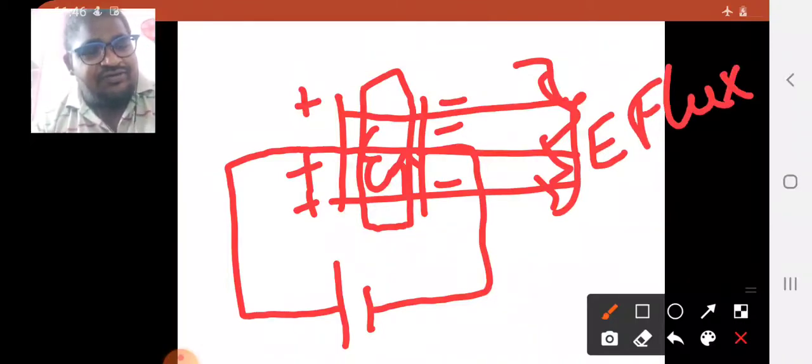These lines of force are called electric flux, and the region surrounded by the electric flux is called the electric field.